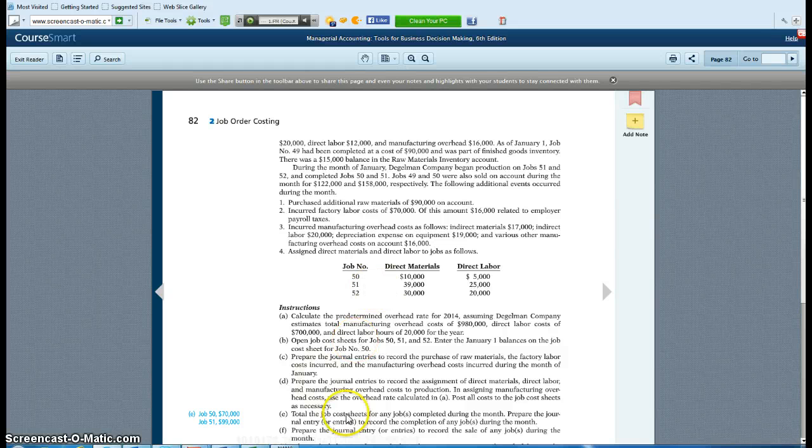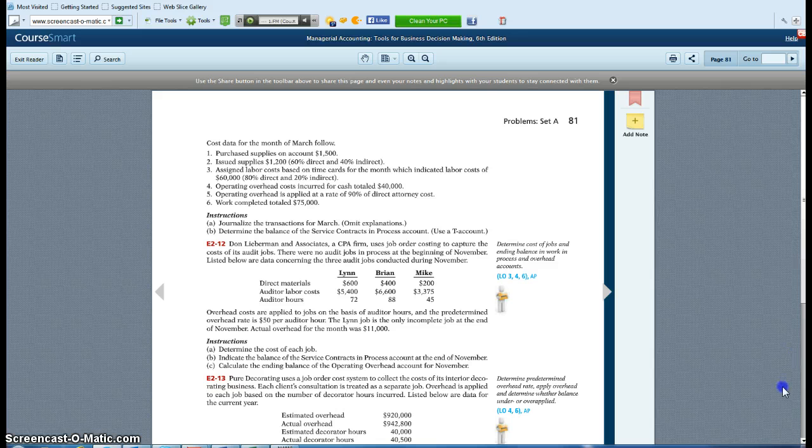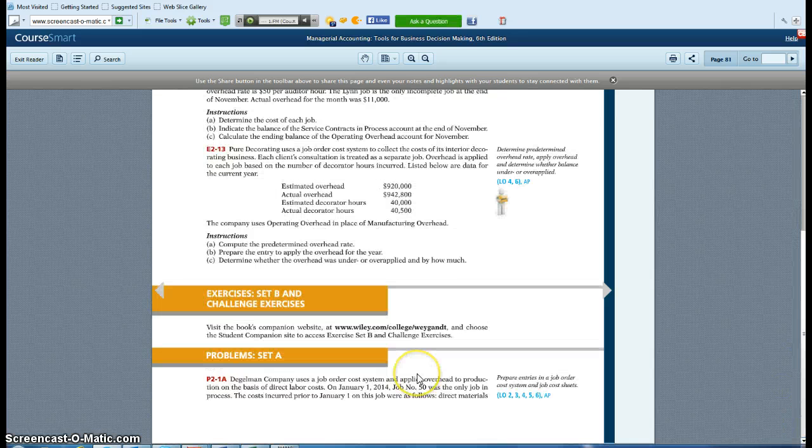So if we look at job 50, we have information about that job. Let me just go back here and make sure there was nothing on the first page. Job 50 was the only job in process.